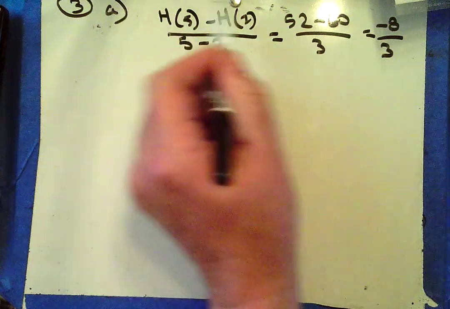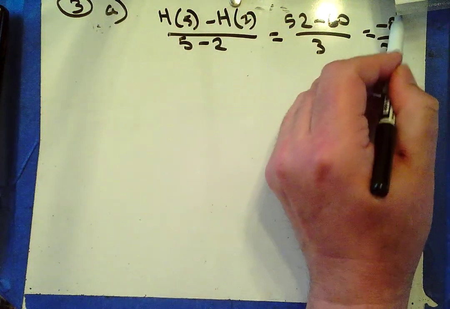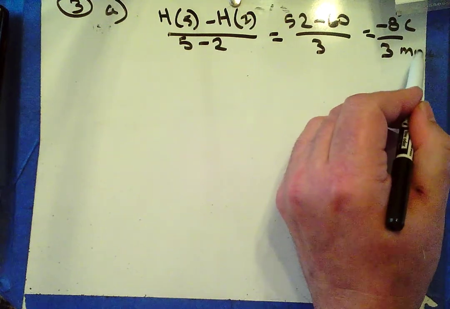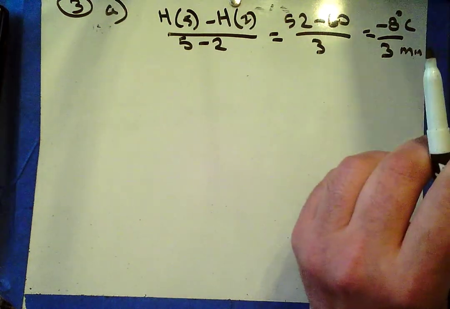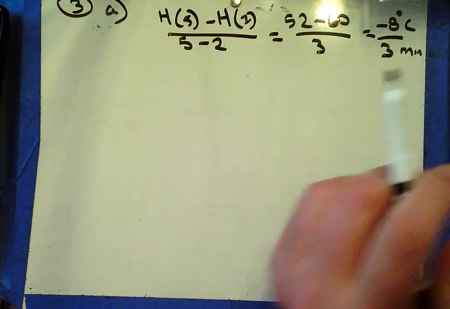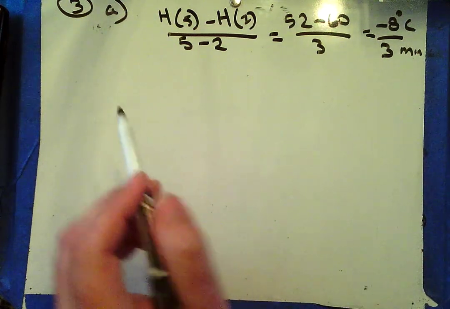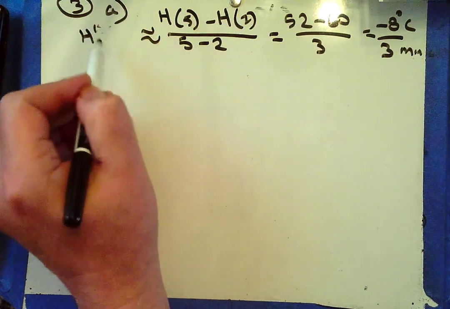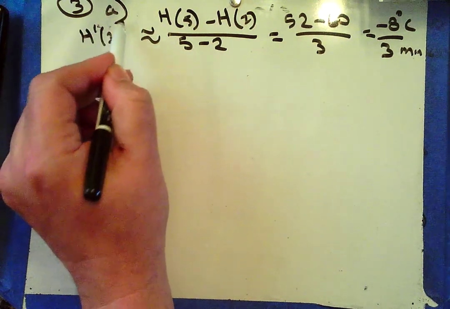The units up here for H are degrees Celsius, and the units here on the bottom are minutes. We've got degrees Celsius, and we've got minutes. Okay, and this is approximately H prime at 3.5.